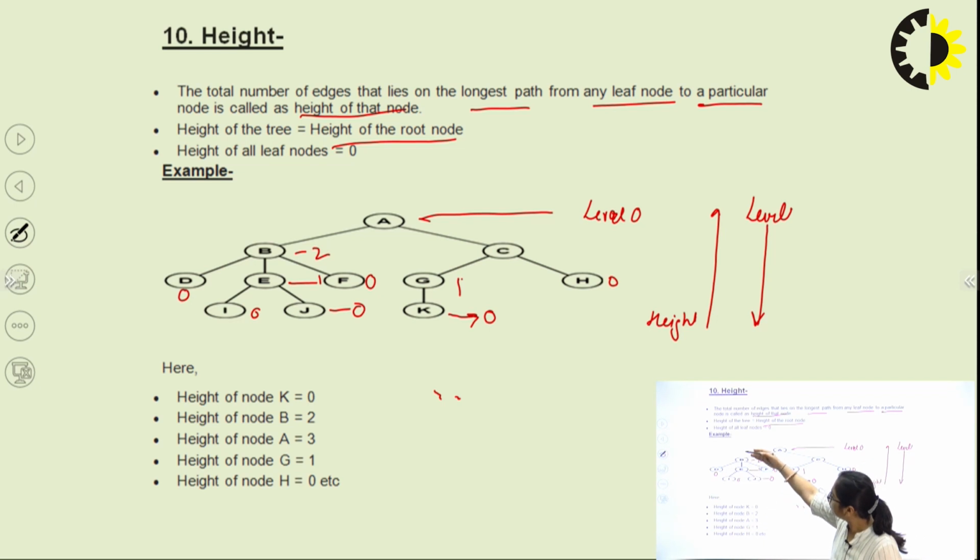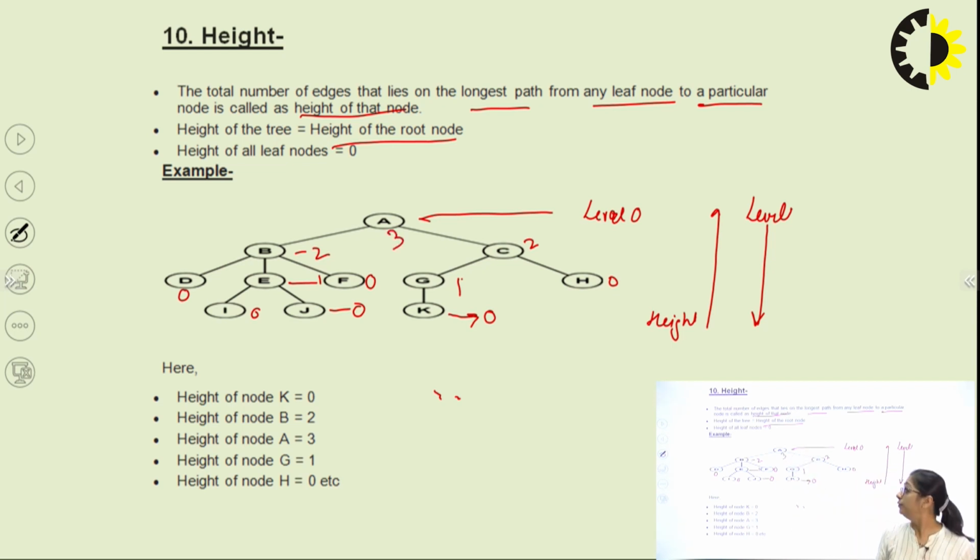When we move one step up, the height becomes 2. But you can see that the height of C is equal to 2, and what is the height of A? That is equal to 3.